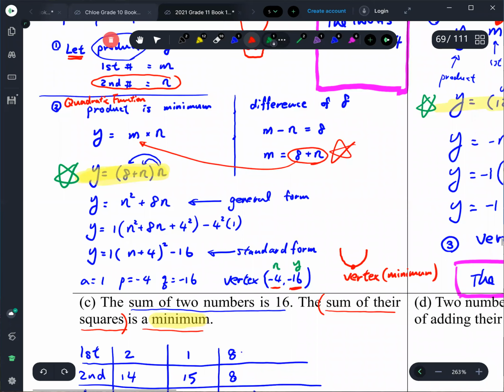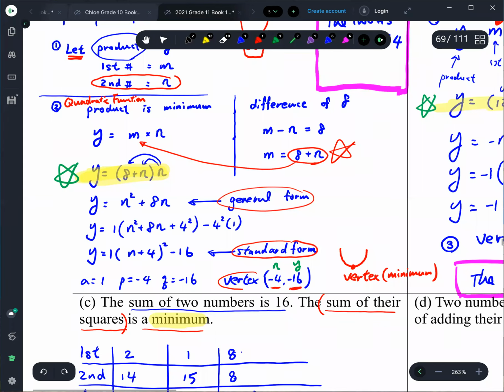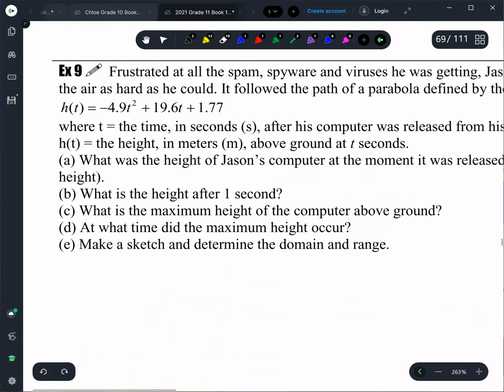You need to expand the brackets, get the general form, and then do the factor, A divide by 2 balance, get the standard form, write the vertex, okay? Once you got the vertex, you are like 90% finished, right? Okay, so I'll let you carry that out.